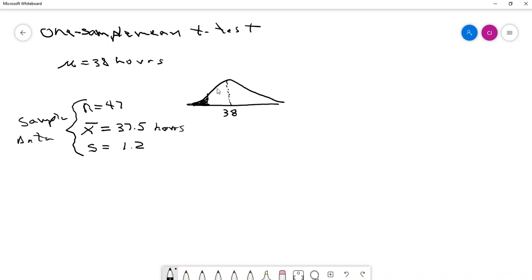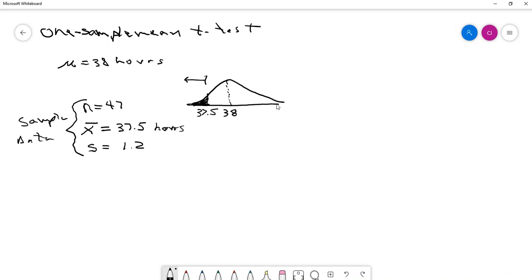We're concerned about, did the modifications decrease the assembly time? Because that's where we're saving money. If we decrease the time. If it would have been above 38, well, we're making modifications to decrease it. Again, we don't want it to take longer.